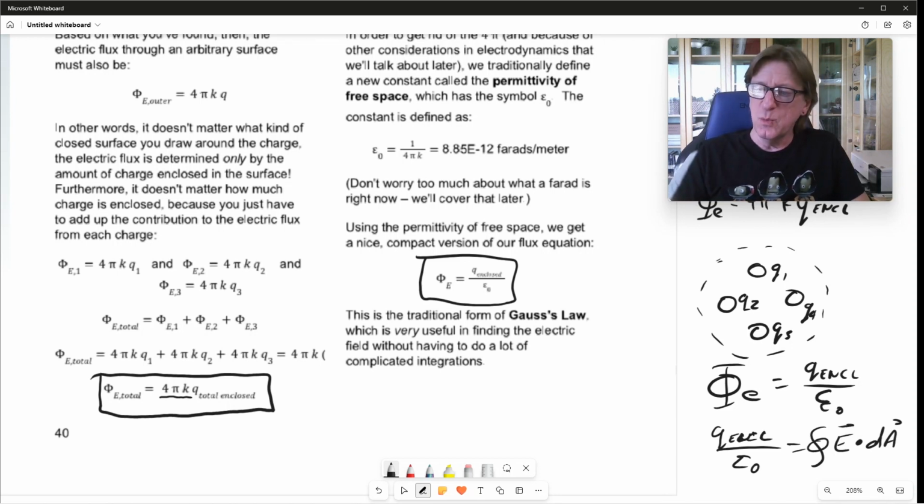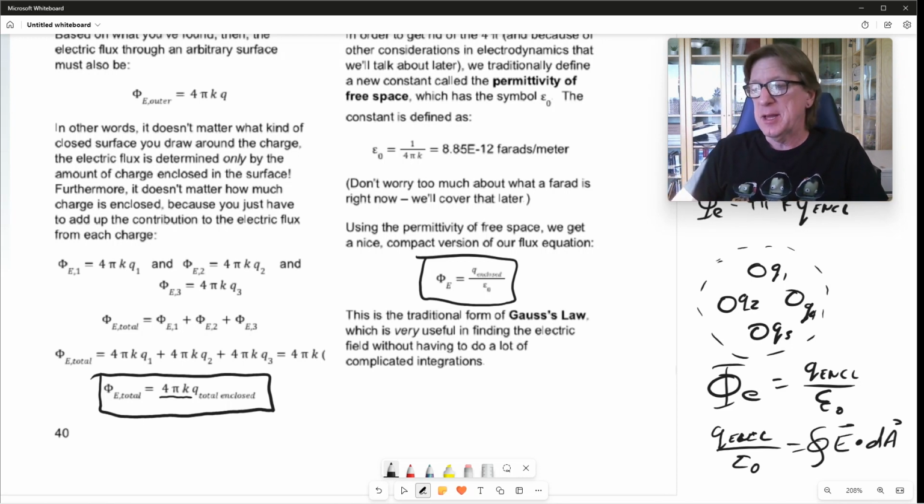Most of the time, we're using this idea of a flux to get the electric field. But I don't actually have to calculate a number for the flux, do I? Because the flux by Gauss's law is Q enclosed over epsilon naught. That's a constant. That's something that I can just count up how many charges are in there.